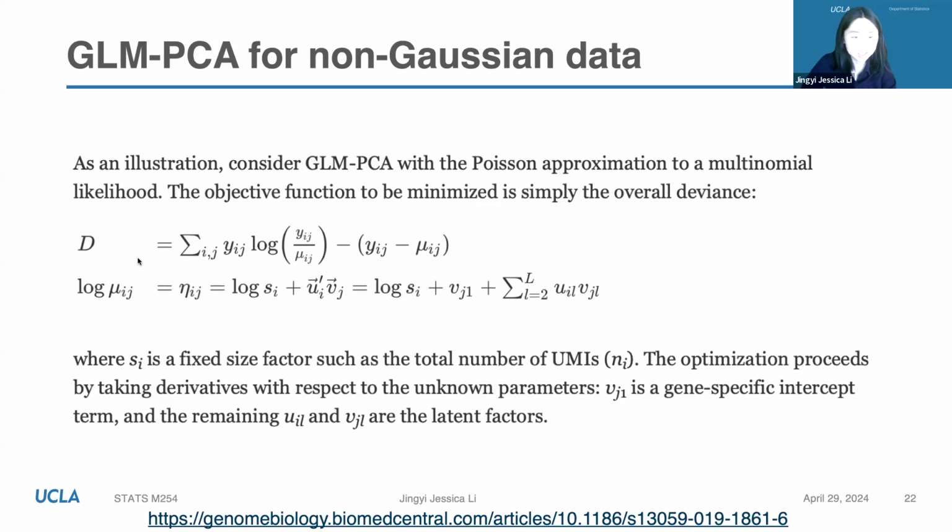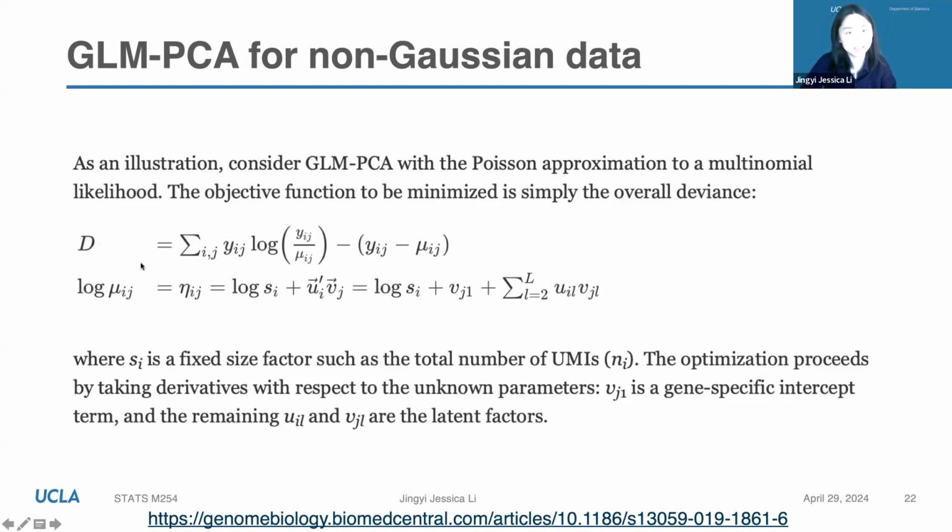So the deviance is going to replace what we have as the mean squared error, MSE, in the Gaussian linear model, or Gaussian PCA. MSE is the special case of deviance when the distribution is Gaussian, but deviance is more general.